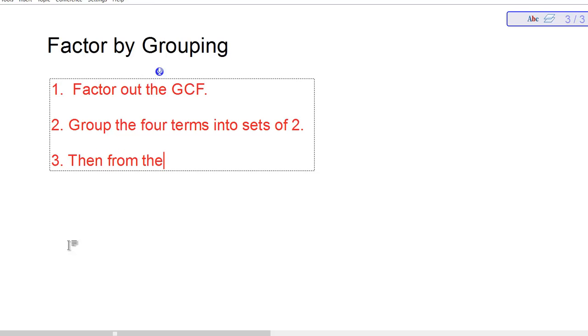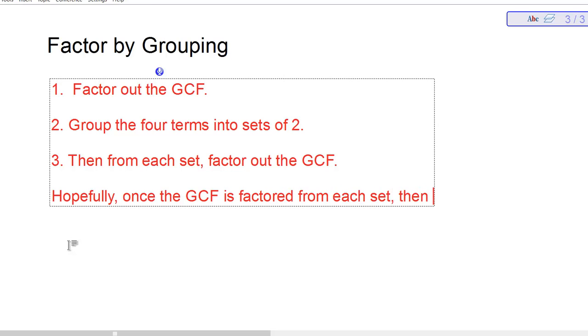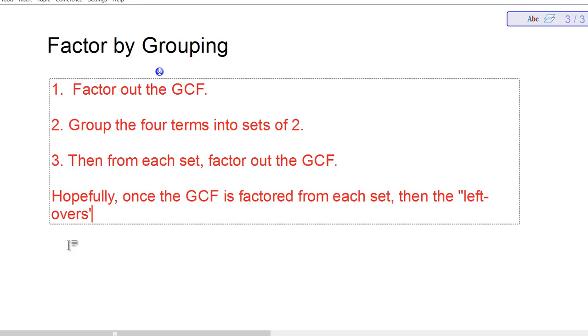Then from each set, factor out the greatest common factor for each individual set. Hopefully, once the greatest common factor is factored out from each set, then the leftovers that are in the parentheses will be the same.